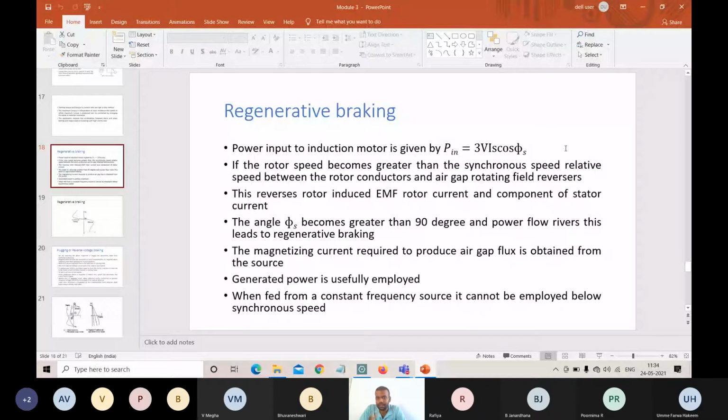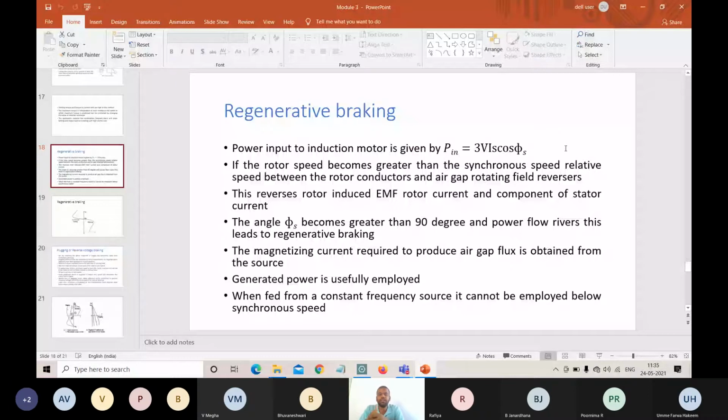This field makes the rotor rotate continuously. This rotor speed, which is greater than the synchronous speed, makes the air gap flux reverse.